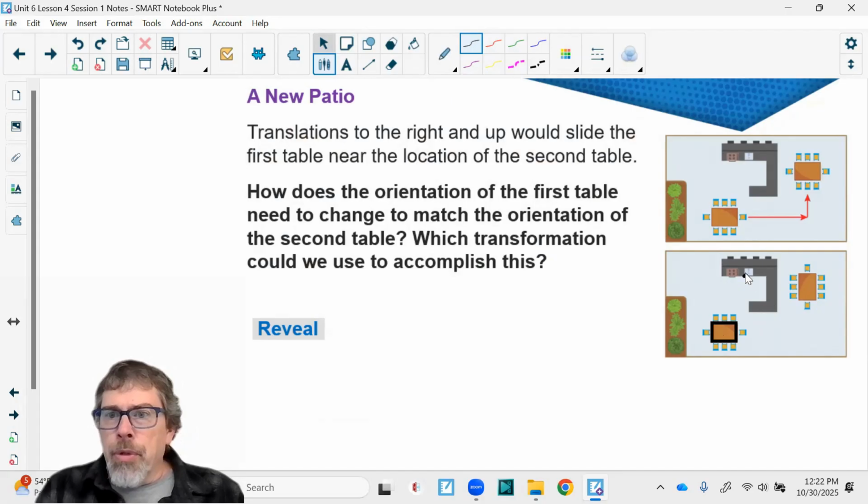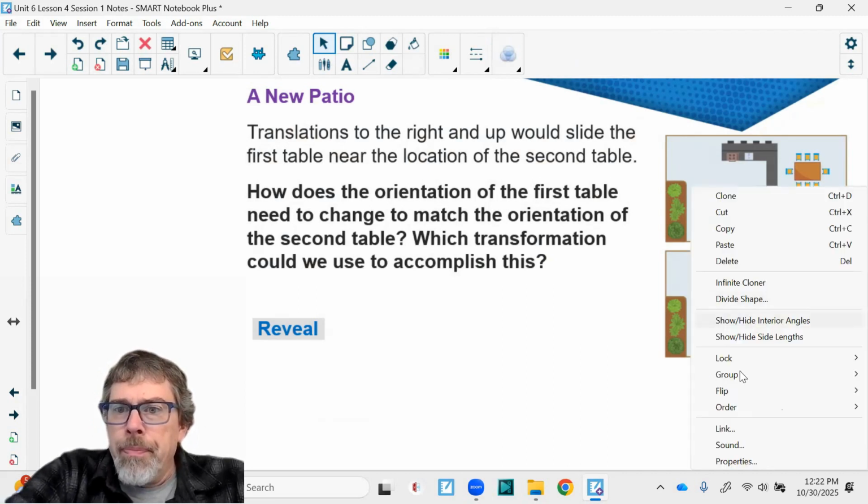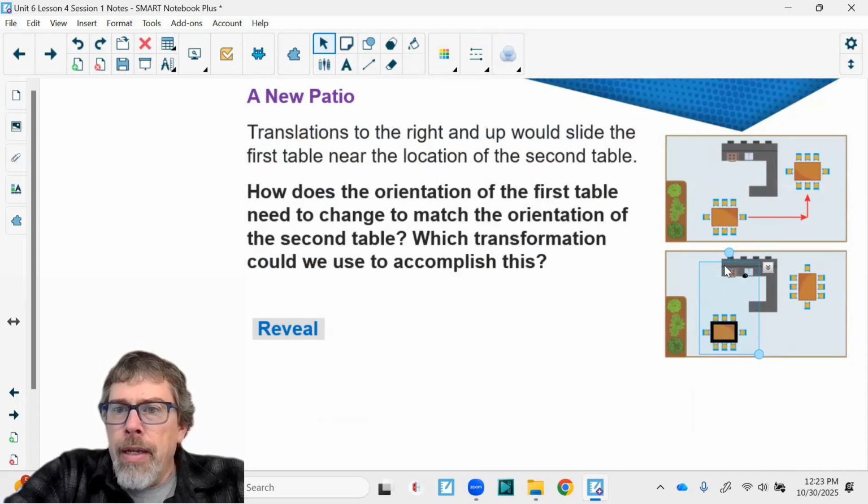And then I'm going to group those two pieces, this and this. And then I'll group them. And if I rotate them, now look where the dot is. It's right on the corner of this white rectangle. So if I rotate this 90 degrees, it's obviously moved. But then if I move this up to here, okay, that's pretty close right there, but we're off a bit.